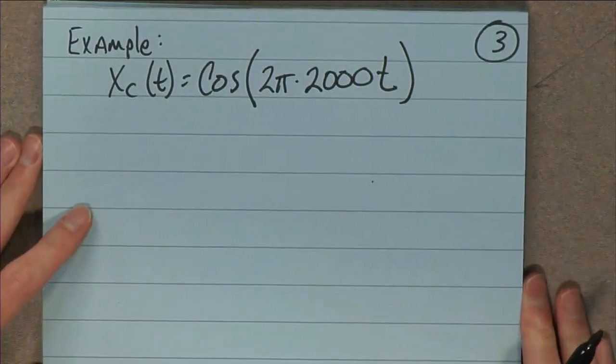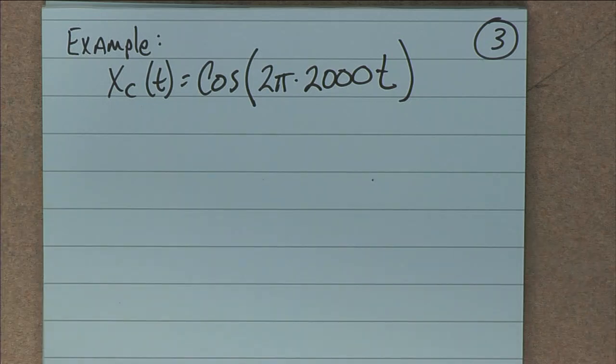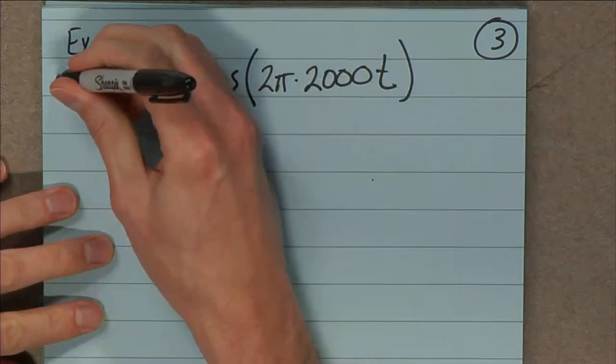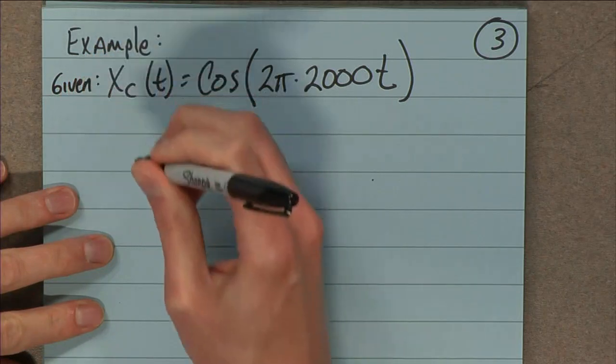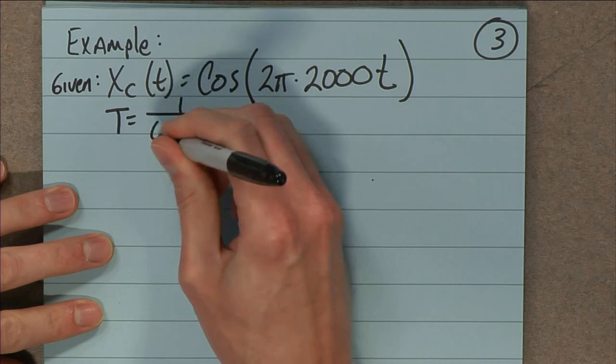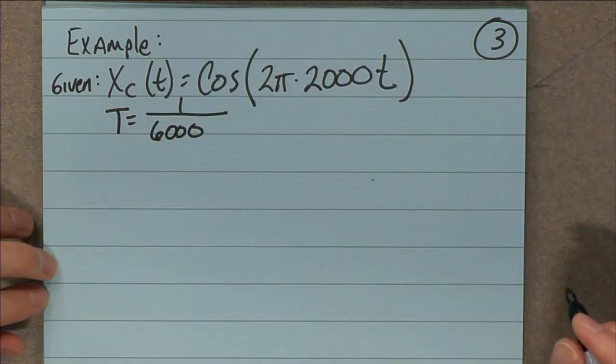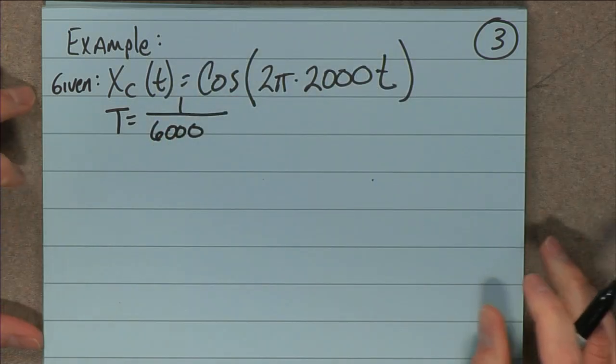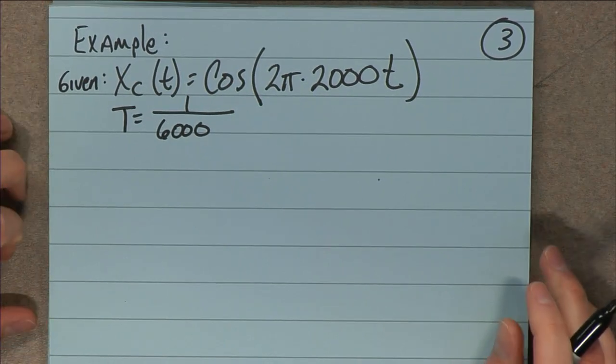We're going to take this signal and march through the spectrum of it at various stages. But first off, we're given that T is 1 over 6,000. From this, we can start saying, all right, is there aliasing at least? We can figure that out.